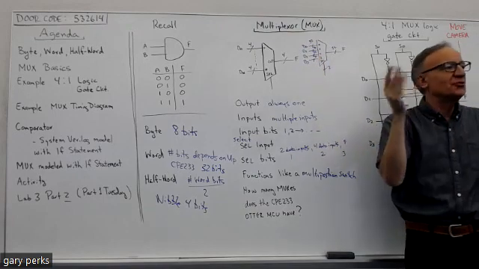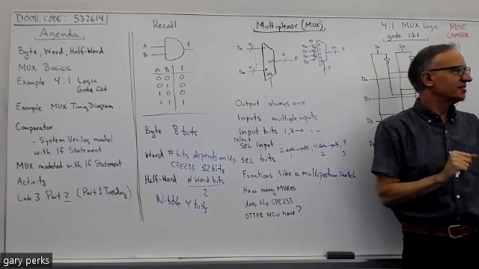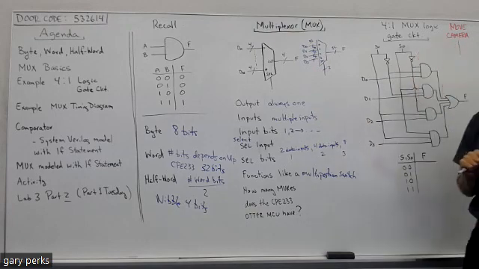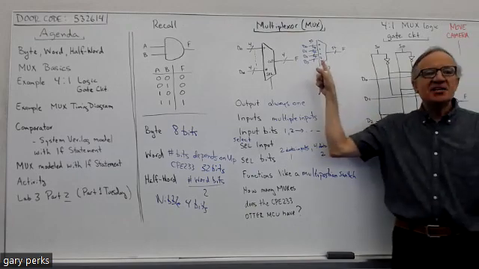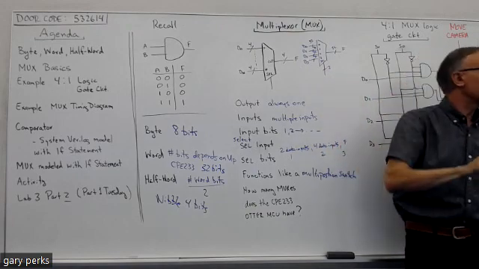It doesn't have anything to do with how many bits each input has. Does that make sense? If I had 8 inputs, I would need how many select bits? 3. Good. 16, I need 4, and so on.